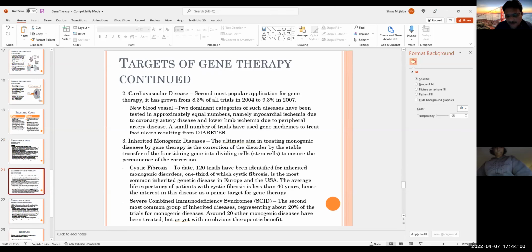Similarly, in cardiovascular disease and diabetes, the beta cells of the pancreas are affected and don't express insulin. Again, these retroviral vectors can be used to express insulin.